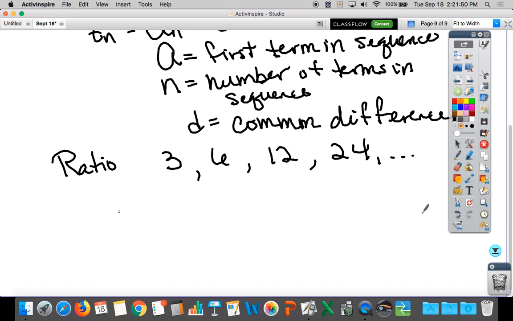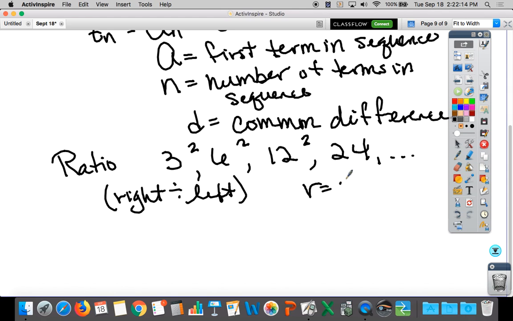So the next thing we want to check is you always do right divided by left. And once again, you kind of want to check all terms. And sometimes if I really can't keep up with it, I'll write it at the top. So 24 divided by 12 is 2. 12 divided by 6 is 2. 6 divided by 3 is 2.